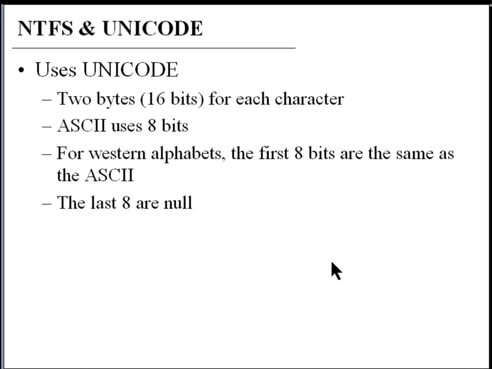Another distinct difference is the fact that NTFS has a capability of representing information in Unicode. And Unicode is just a way of representing characters. As we recall when we were talking about ASCII, ASCII is represented by 8 bits.